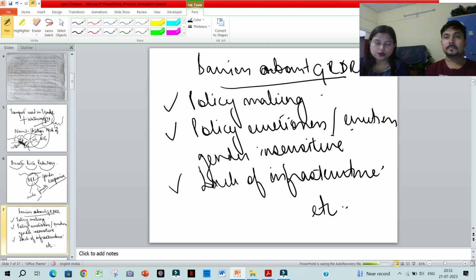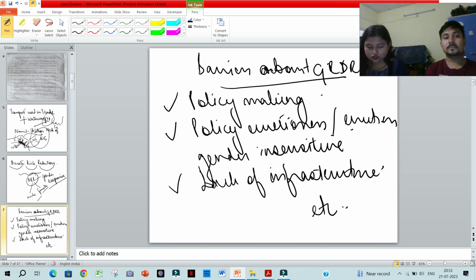During a disaster, survival is the main concern, but survival for male and female have different criteria, and sometimes insensitivity arises. Lack of infrastructure: if we want to have a separate place for male and female in a flood, we may not be able to provide a separate physical space for the male and female communities to stay separately. That is lack of infrastructure.